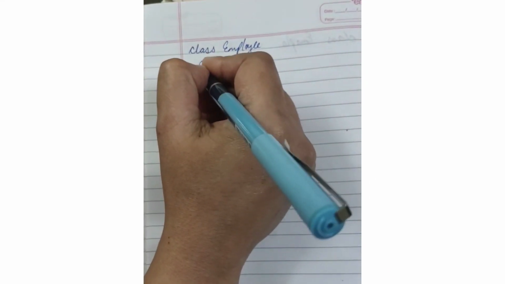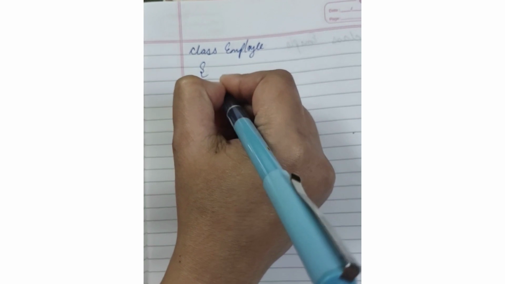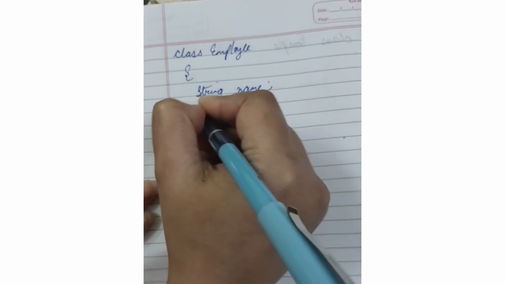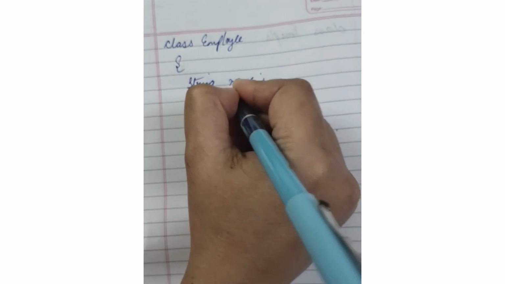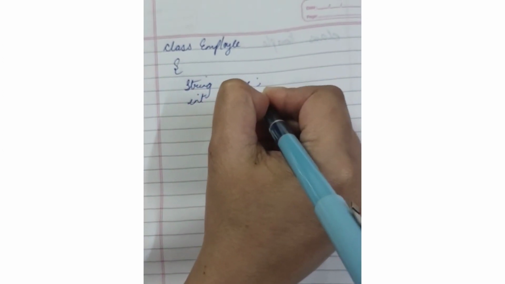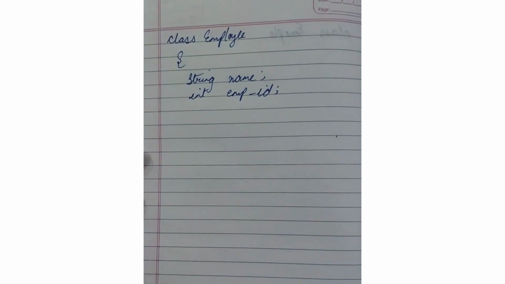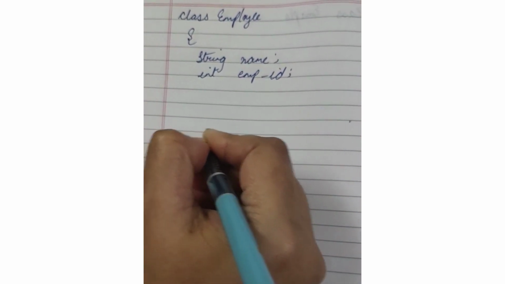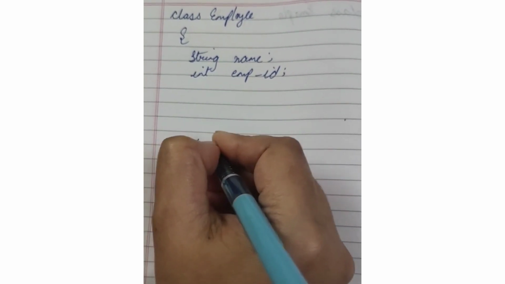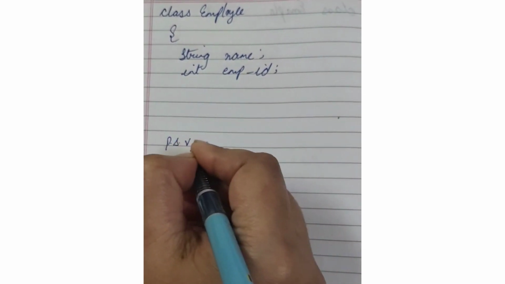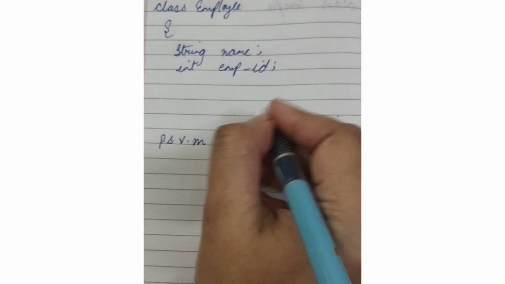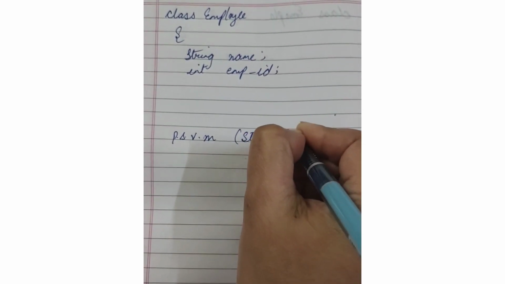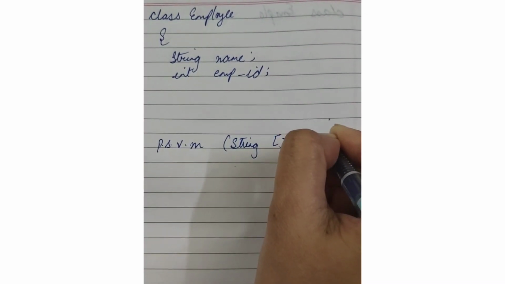Class employee. String data type I'm using for name, int data type for employee ID, right? And let's call here the main method. I'm using PSVM. Please understand, PSVM means public static void main, String arguments.